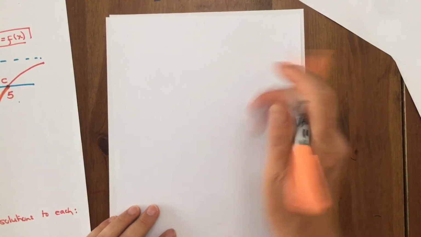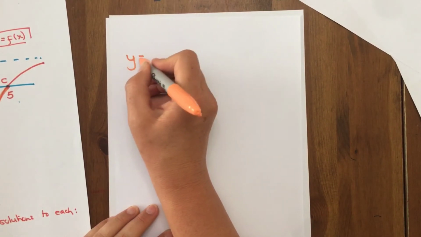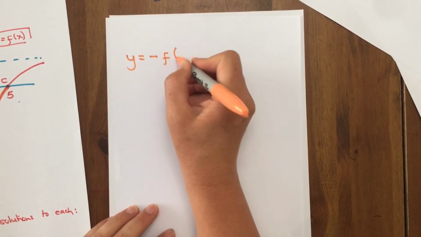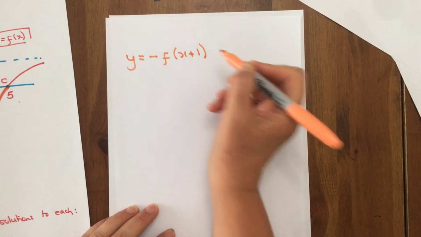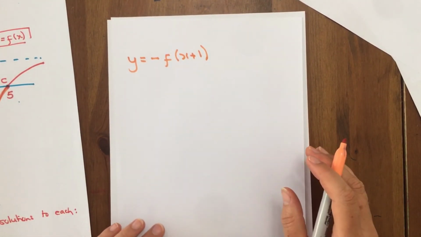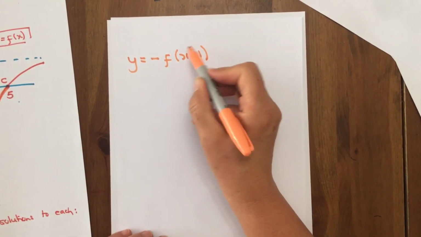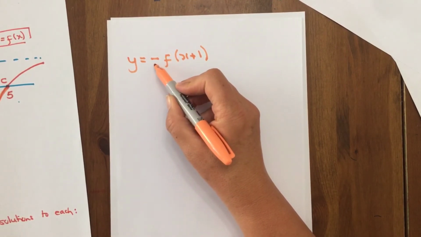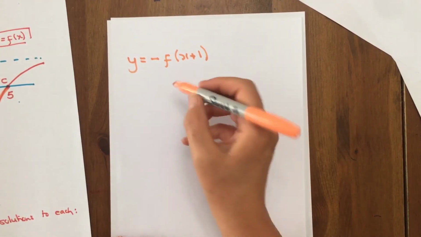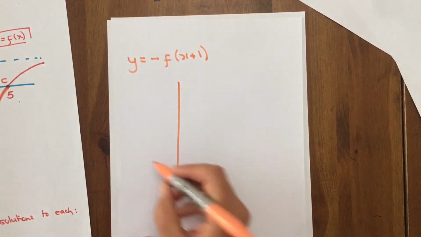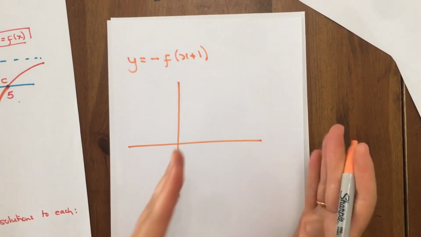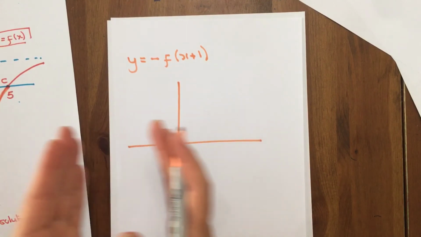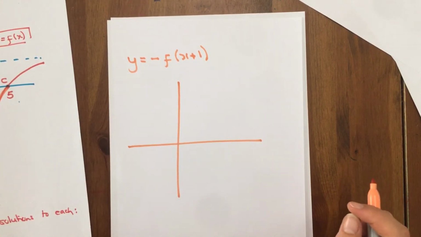You're asked to sketch y equals negative f of x plus 1. I'm going to do the x plus 1 bit first, and then I'm going to do the flipping with the negative sign second. So what happens with x plus 1 is everything, the whole graph, I pick it up and I shift it 1 to the left.